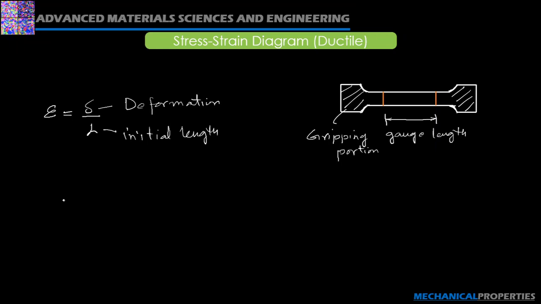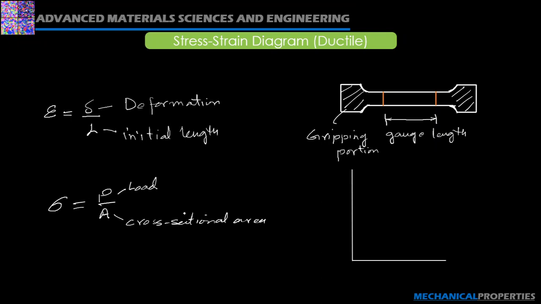Likewise, the stress is calculated using the expression P upon A. This P is the load, the applied tensile force, and this A is the cross sectional area of the specimen.